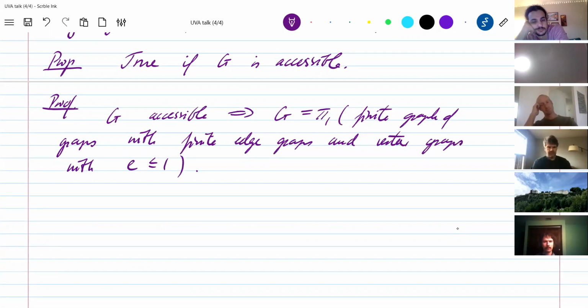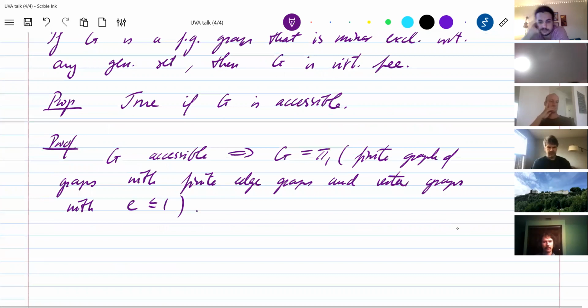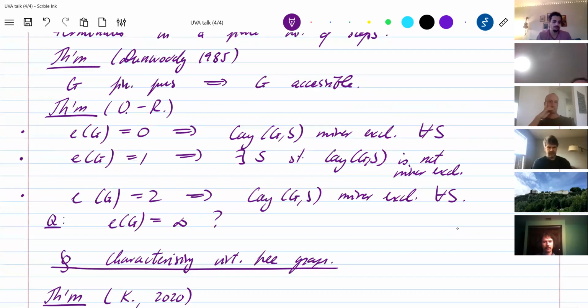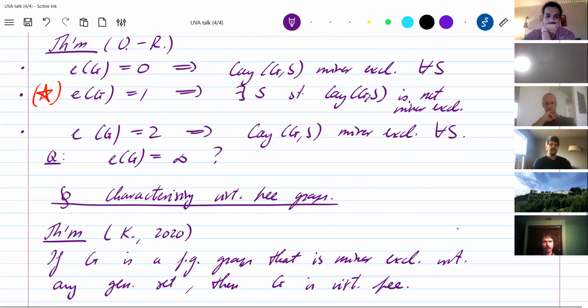Okay, but now could we have, at the end of this decomposition, pieces that actually have exactly 1 end? The answer is no, right? Because, well, I'm going to call this star: here we said that for groups with one end, there's always a generating set such that the Cayley graph is not minor excluded, right?